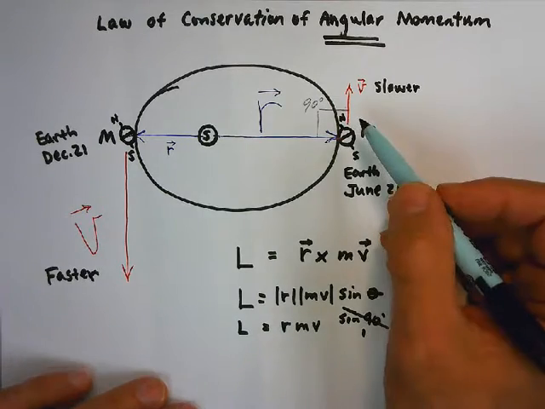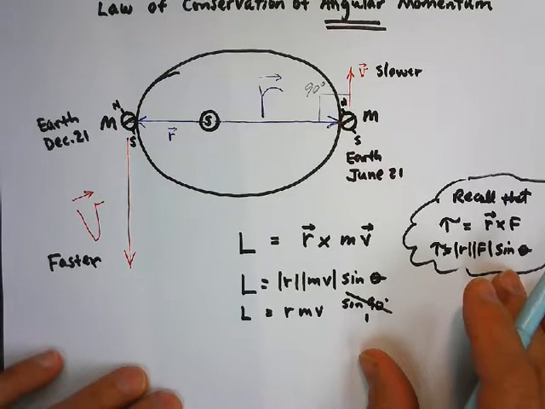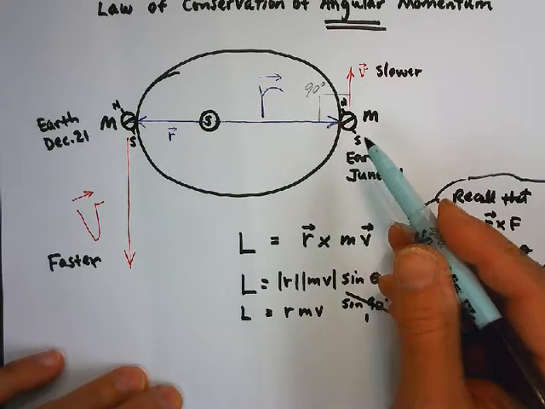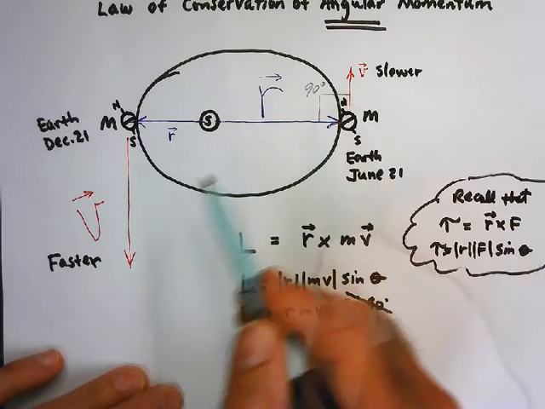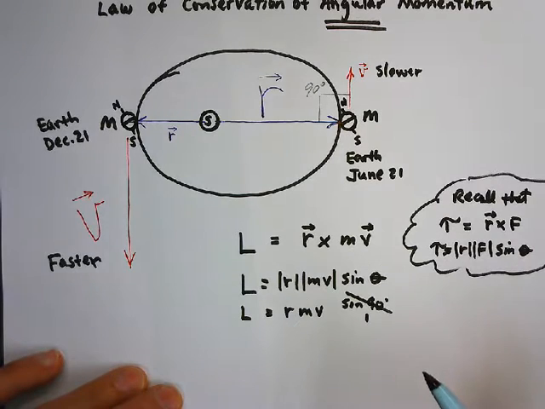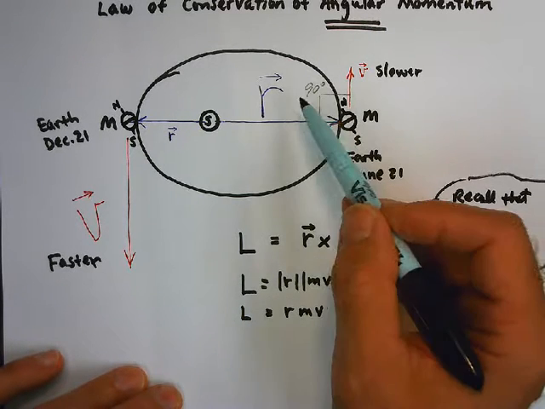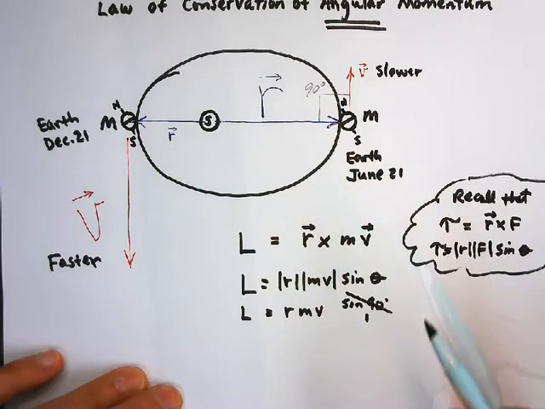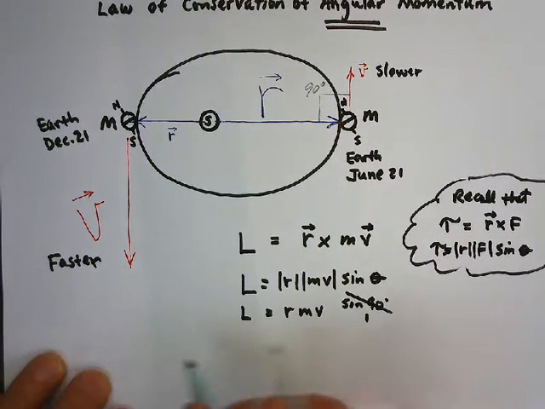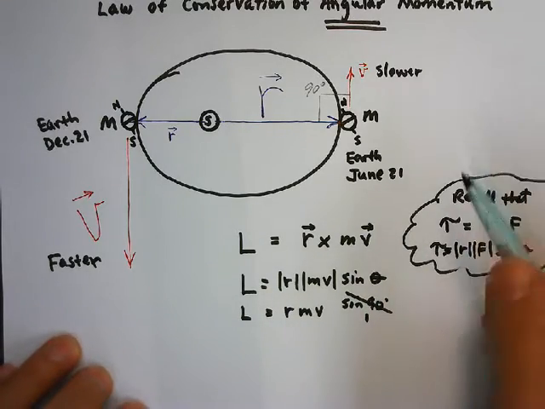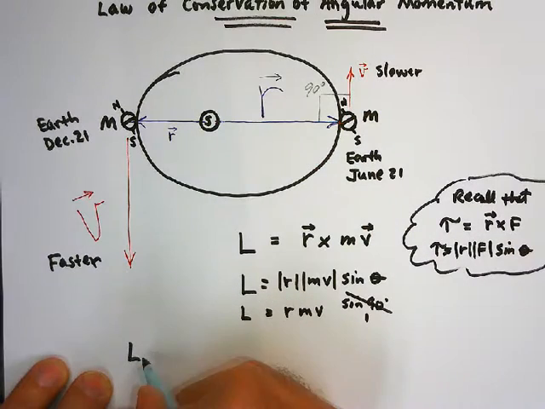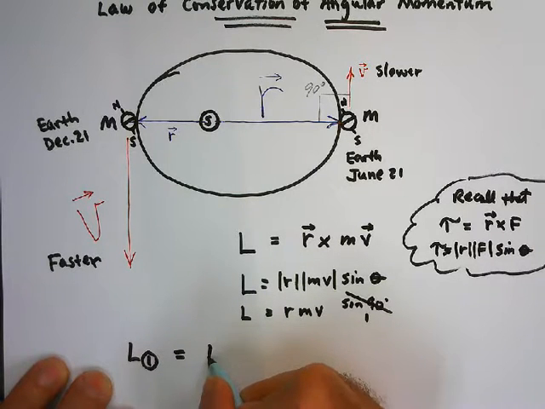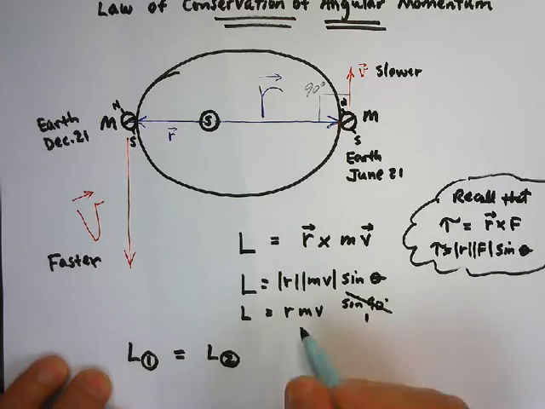Now, in the case of the Earth going around the Sun, notice that we have a smaller velocity at this point in its orbit and a bigger velocity here. What's the trade-off? The trade-off is that there's a bigger position vector here and a smaller one here. Conservation of angular momentum means that the angular momentum in position 1 is going to be equal to the angular momentum at some other position 2.